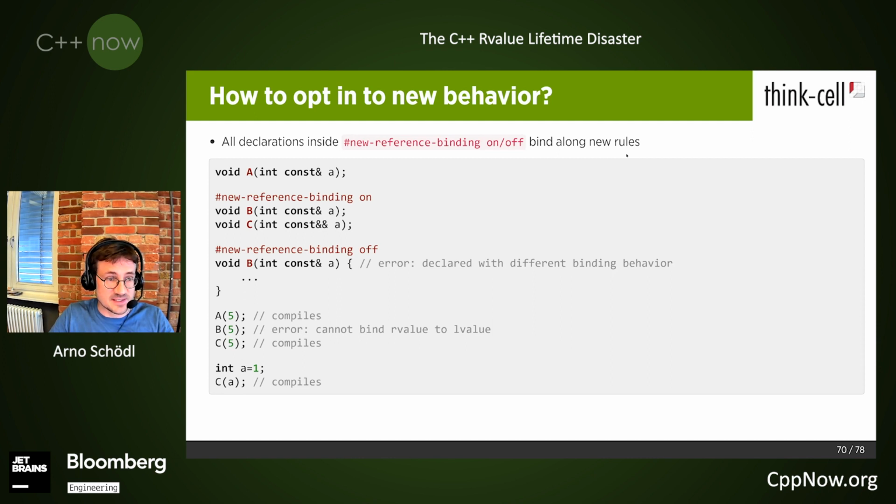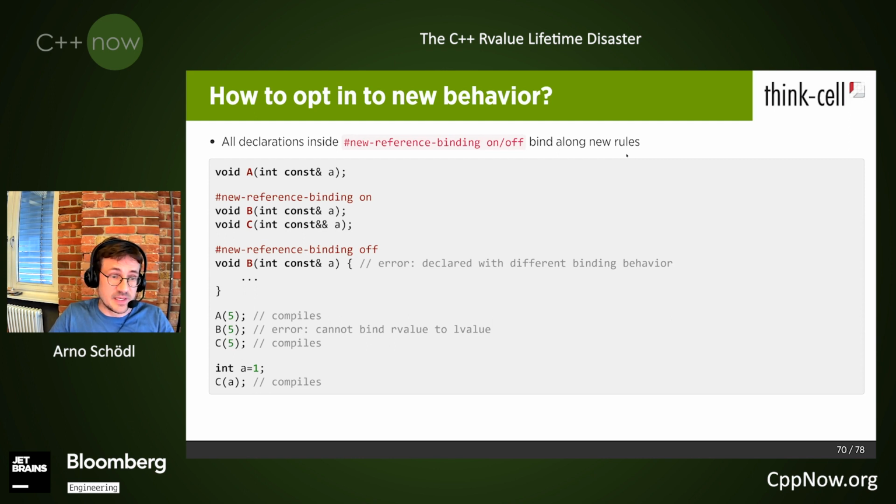So in this case, the C5 would actually compile. Now, if you are calling the C with an lvalue reference, like at the very bottom with an lvalue reference to an int A, this would also compile under the new rules, because the const rvalue reference can take lvalue references.